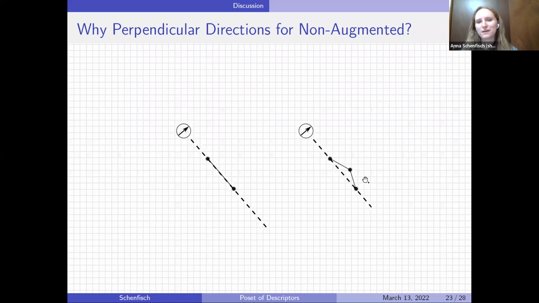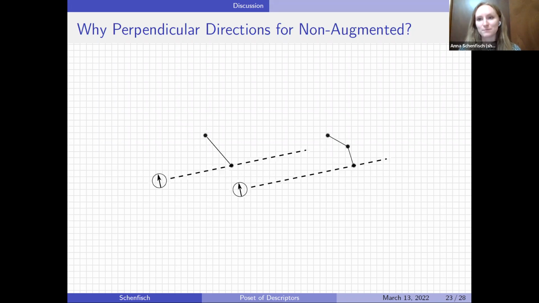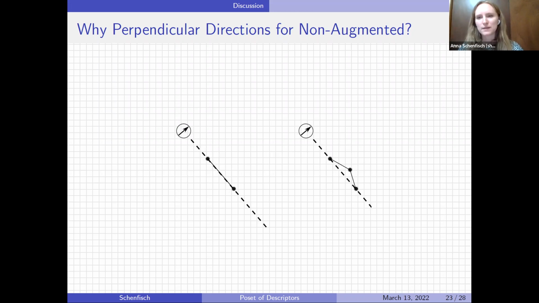So finally, I've identified a direction that produces different descriptors. Now notice that in the world of augmented diagrams, since I have an event at the height of every vertex, this problem does not exist. Any of these directions would have different augmented diagrams. So that's where the d minus k perpendicular directions comes from.